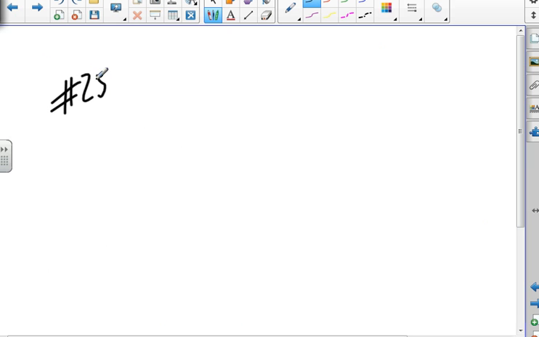Now, clearly that last problem would have been better off if we were using a big piece of paper that we started way on the top. And 25 is probably the same way.